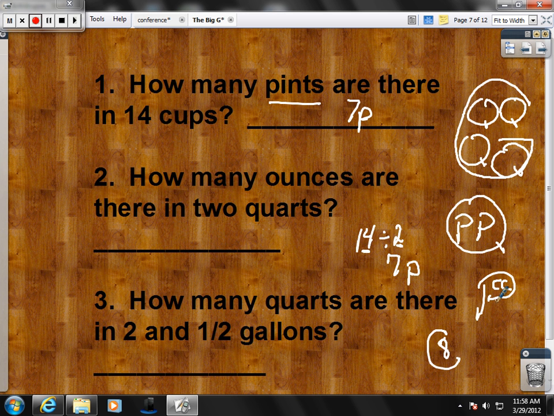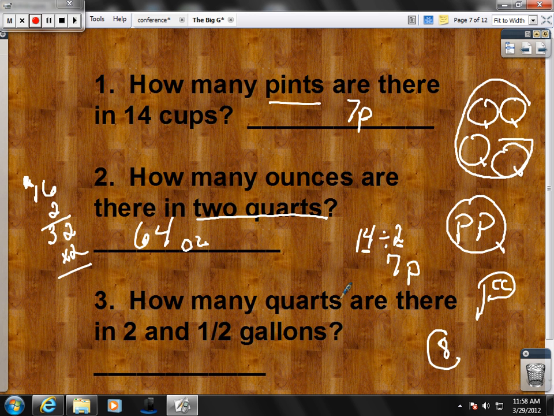So now I have 8 and 8 right here, which is 16, and 16 times 2, 2 times 6 is 12, carry my 1, 2 times 1 plus 1 is 3, so 32. In every 1 quart there are 32, and I would times that by 2 because I'm looking at 2 quarts. So 32 times 2 is 64 ounces. So there are 64 ounces in 2 quarts of liquid.